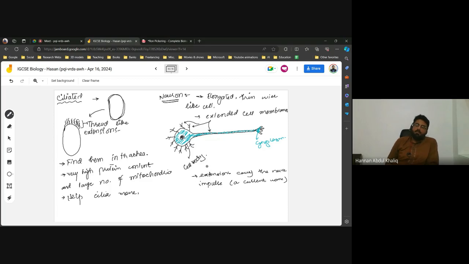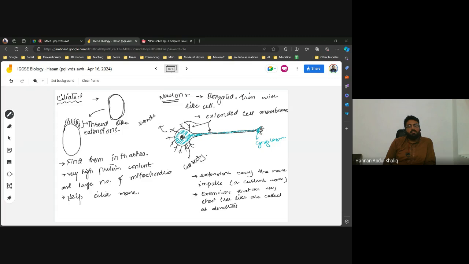The extensions that are very short, tree-like, are called dendrites. You see, these are tree-like short extensions. These are called dendrites.